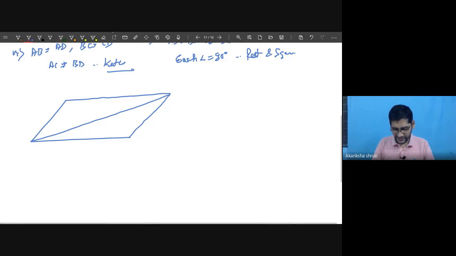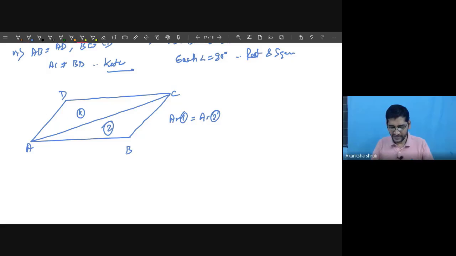If we are considering the diagonal AC, then this AC divides it into two equal triangles. So whatever 1 and 2, these are the two triangles. So area of triangle 1 will be equal to area of triangle 2. It is this one. Get it? So the very first property is this one.